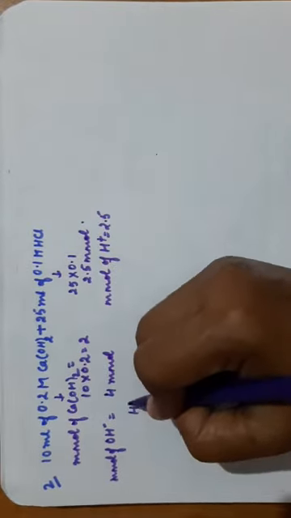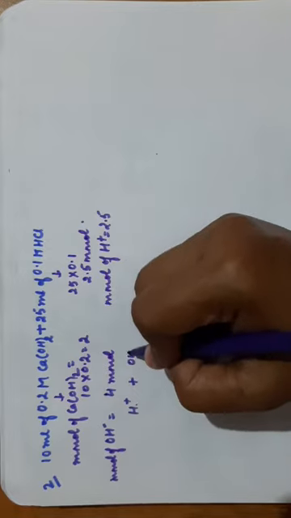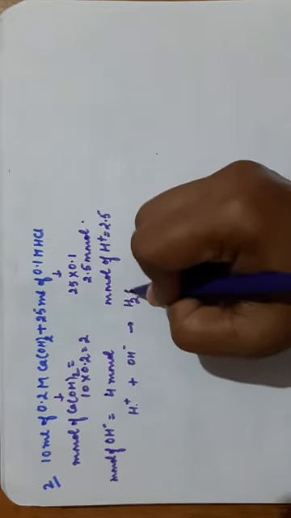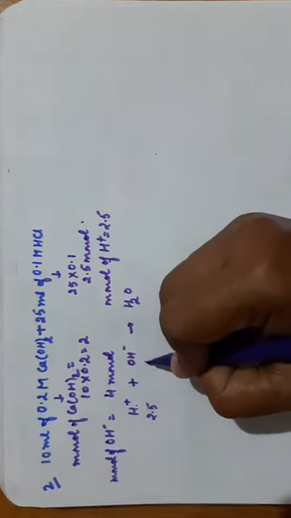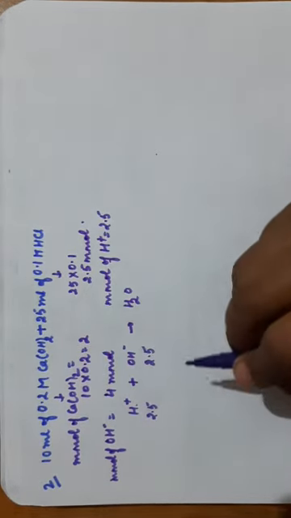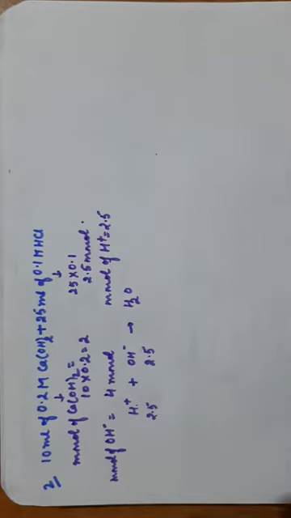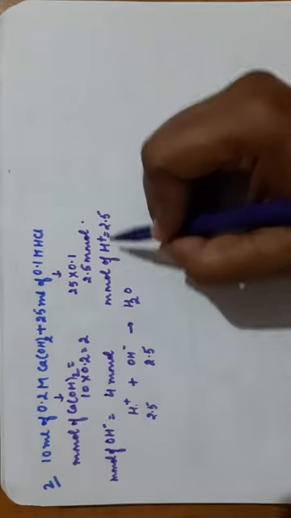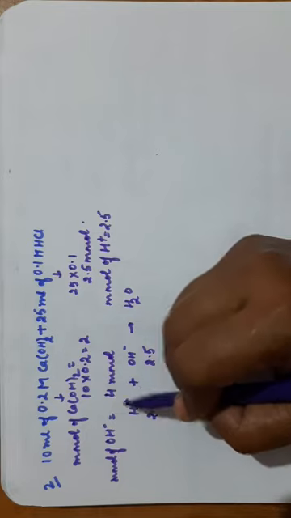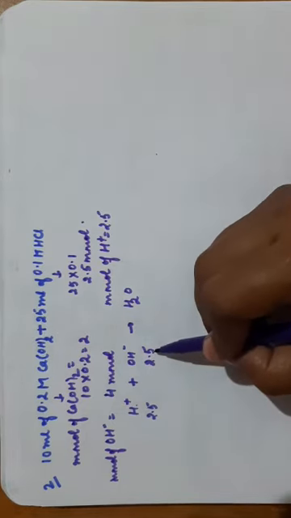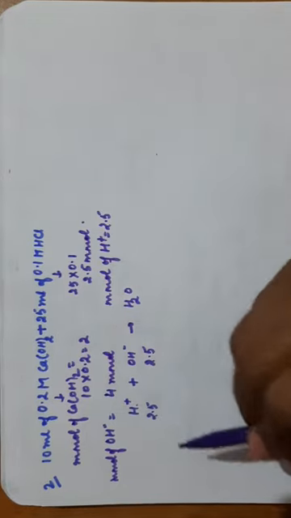So H plus plus OH minus gives H2O. तो 2.5 कम है तो 2.5 millimoles H plus के react करेंगे 2.5 millimoles of OH minus. They will neutralize each other and they will form water. So what is left in excess in solution? Out of 4 millimoles of OH minus, 2.5 millimoles have been neutralized by HCl.